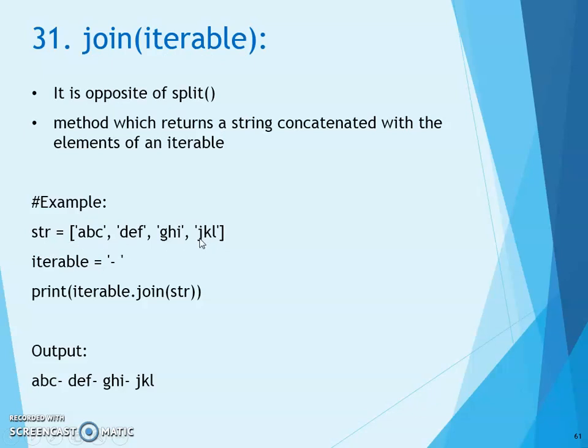It has 4 words, and we want to join it by this iterable, that is dash followed by space, and we want to join this str using this iterable. So we will get ABC dash space DEF dash space.